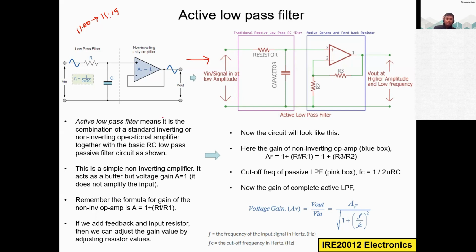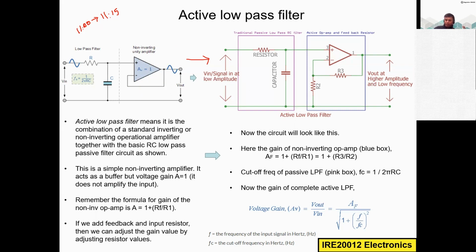But as I told you just before our break, we get two advantages by introducing this operational amplifier. One is we avoid the loading effect. Second, it amplifies the input signal. If you want to amplify, then you have to move to the circuit where, instead of unity gain, you add the input resistor and feedback resistor.